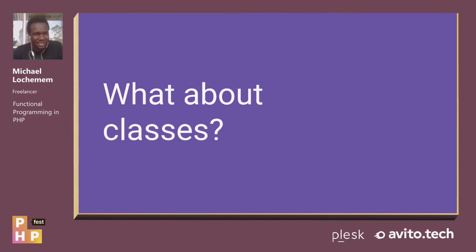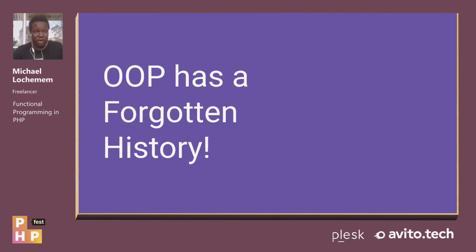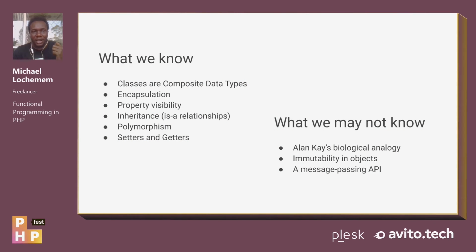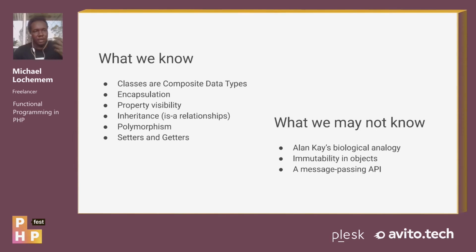So what about classes? Like I said, these are very important artifacts. OOP, object-oriented programming, has a forgotten history, and this is something that a lot of people may not tell you. What we do know about classes is that they are composite data types, right? So you can have a litany of attributes and methods. Encapsulation is one aspect of object-oriented programming.